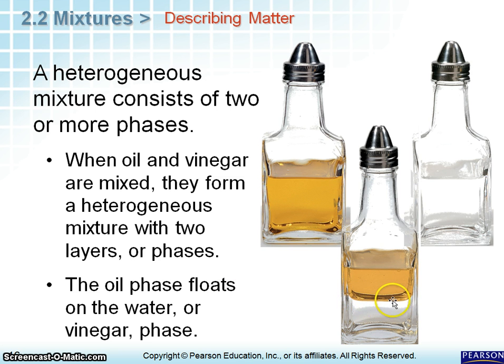So the oil is sitting on top of that vinegar right here, or if you used water. The water or the vinegar would sink, it would be more dense, and this oil would be less dense and would sit on top as a double layer or two phases. This would be the first one, this would be the second one.